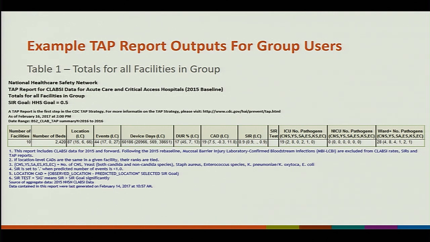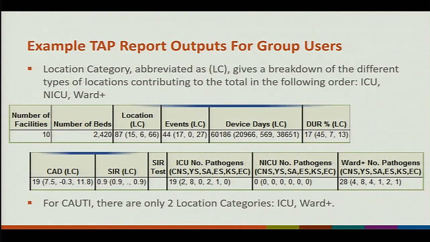And then because they are somewhat different, our group TAP reports are going to show you 2 or 3 different tables, where table 1 is a cumulative total of all of your facilities within the group. I just wanted to show this for our group users out there.